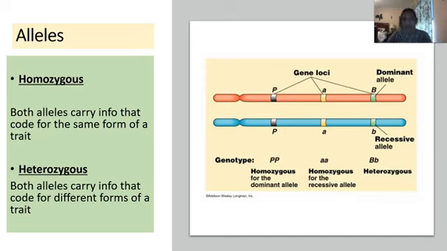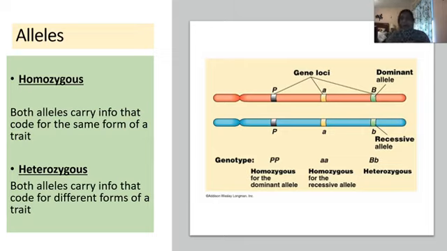So these alleles, like I said, can be exactly the same, in which case they would be termed homozygous. So both the alleles at a particular gene locus from your mom and your dad have the same exact code, same information, so they code for the same thing. Both code for blue eyes, both code for short height, whatever the trait may be that you're looking at. On the other hand, in a heterozygous case, you are going to have those 2 alleles be different.